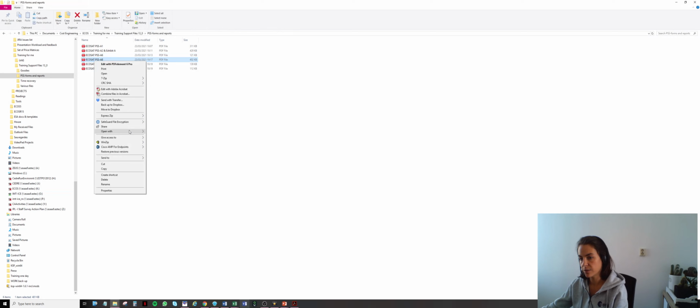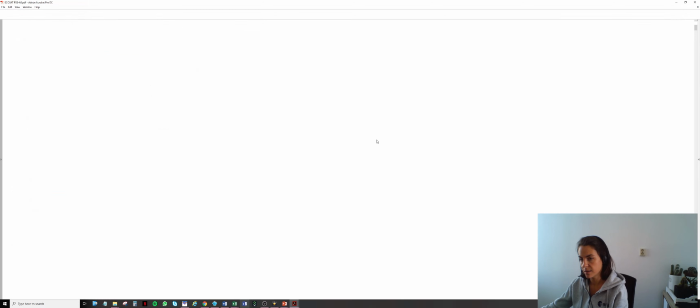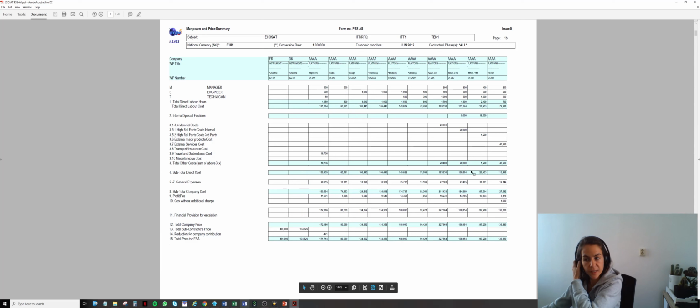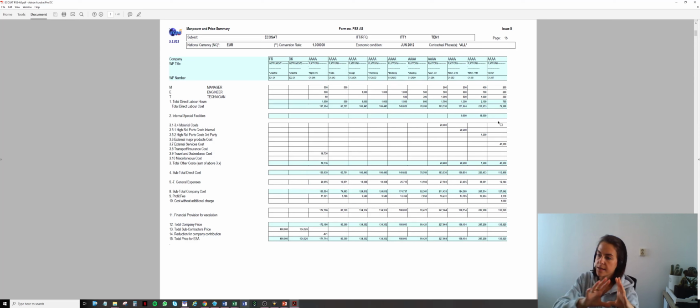So let's have a quick look at what a PSSA 8 looks like. Most of the time I tend to export it as a grid because this can be quite extended if you have a lot of work packages.